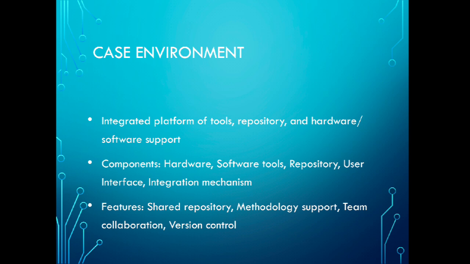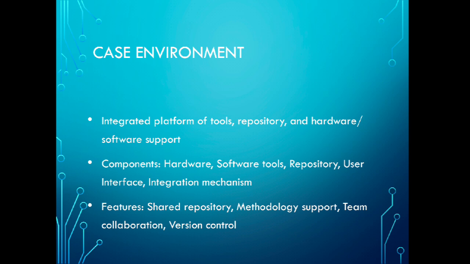A CASE environment is a unified, integrated platform where multiple software tools, a shared database, and hardware resources are all brought together to support the software development process. It's the central hub for the entire project. Let's break down the key components of a CASE environment: hardware, software tools, a central repository, a user interface, and an integration mechanism. These are all the components of a CASE environment.